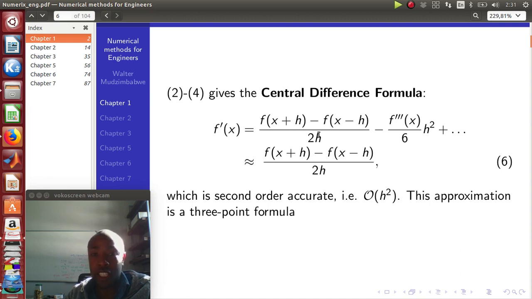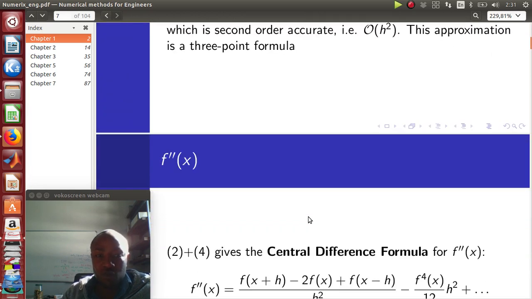Though it's not given here, it's implicit, but that makes it 3-point because you need 3 terms. It means the forward and backward methods are 2-point formulas. All right.